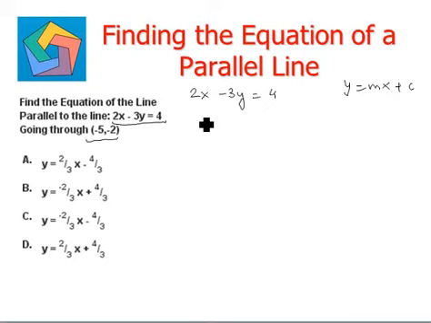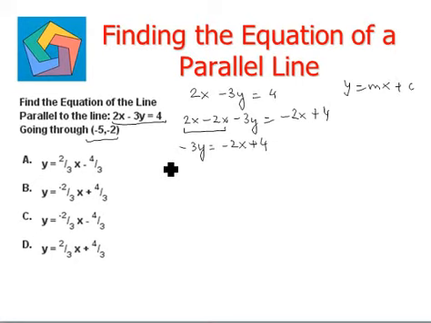So for that we subtract 2x on both sides. The very first step is negative 2x plus 4. This becomes 0 and we are left with negative 3y equals negative 2x plus 4.